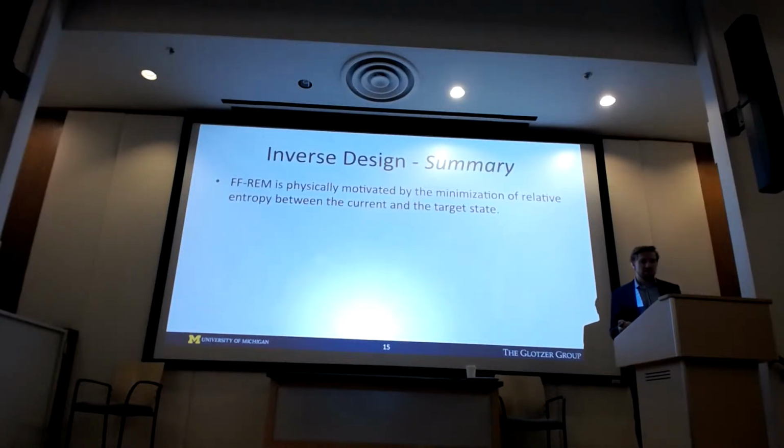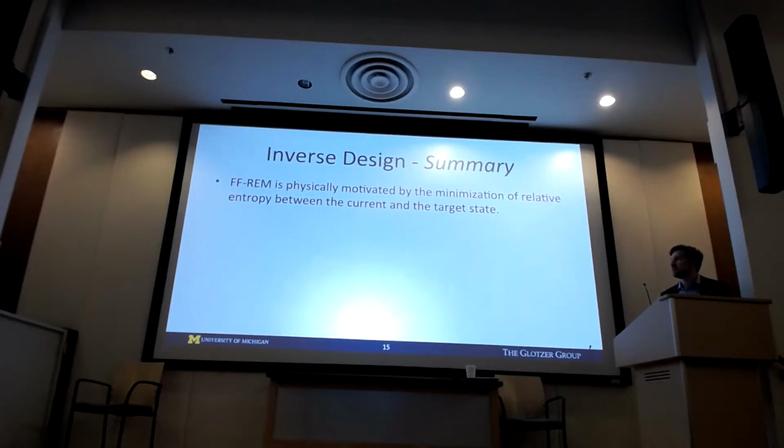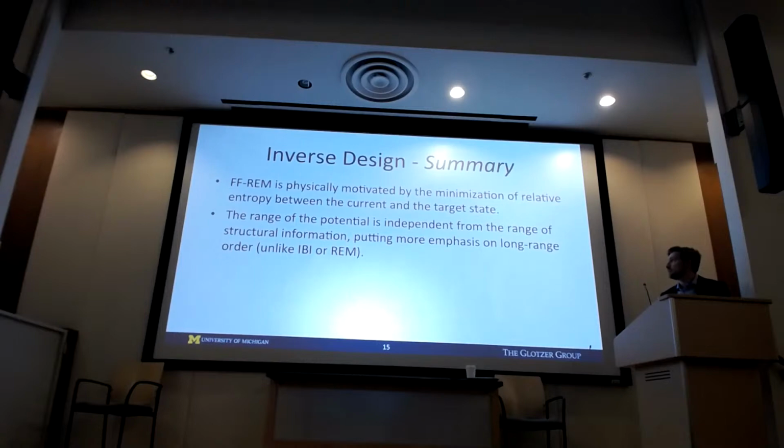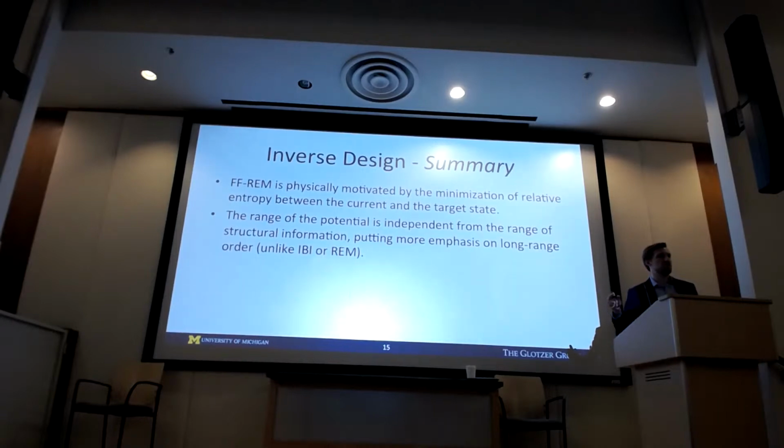So in summary, the Fourier filter relative entropy minimization is a physically motivated minimization of relative entropy, which I didn't talk about, but which in essence means you want to match two states as closely as possible. And the range of these potentials is actually independent of the range of this density distribution that we're trying to match.